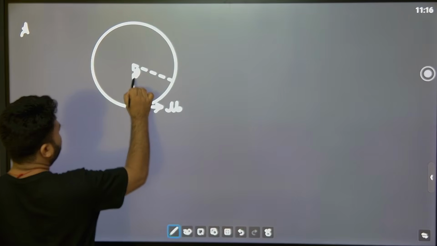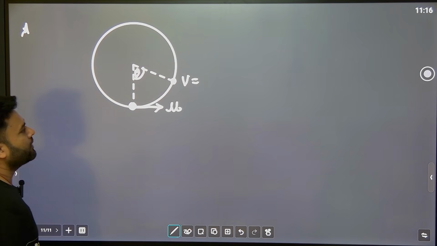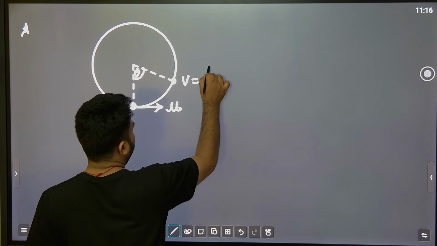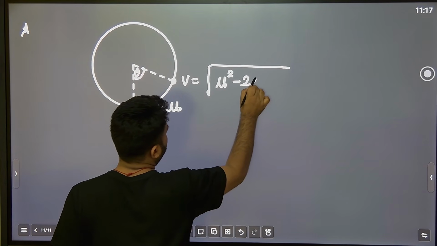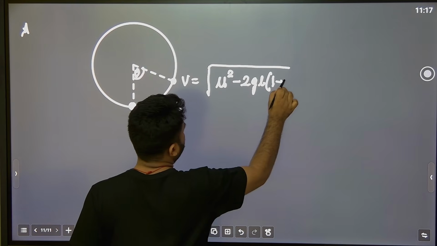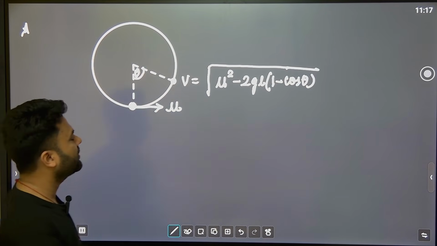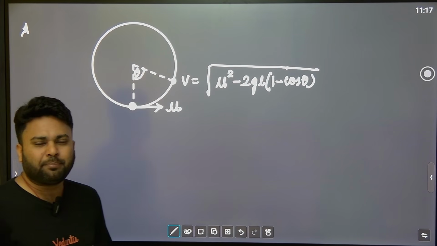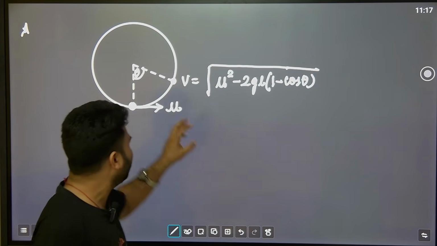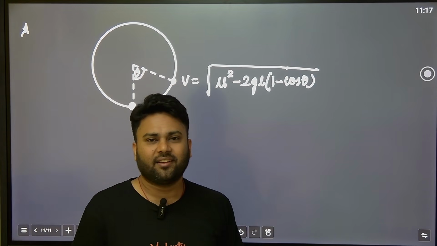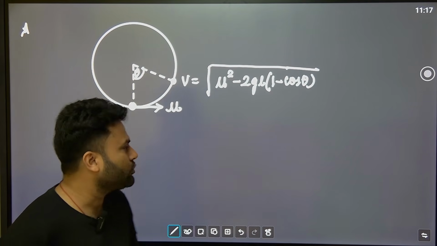When the ball reaches any angle theta, what will be its speed here? So the formula is under root u square minus 2gl (1 minus cos theta). Correct. So if they ask what is the speed at any angle theta, I also told the trick, but you should remember the concept. They can ask not 30 degree but 60 degree, then what to do?